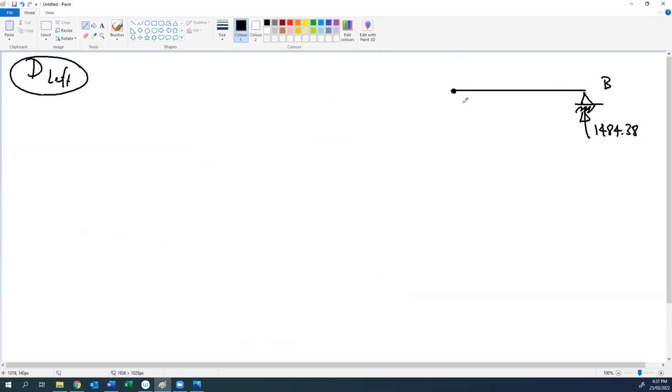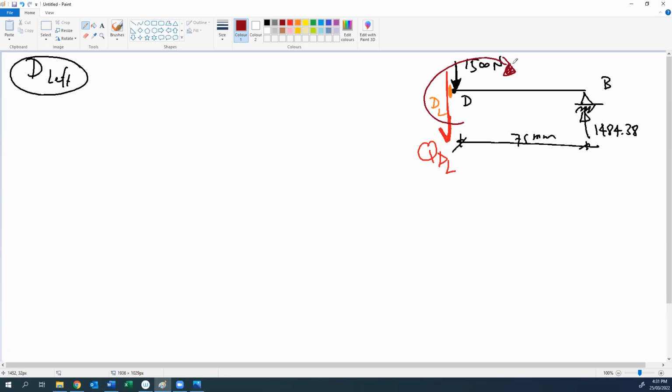This point D. And this section is just after the force. Here we have a force applied, 1500 Newton. The distance is 75 millimeter. And when we make this cut, we will have a shear force QD left going down, and we will assume the moment in this direction, MD left.